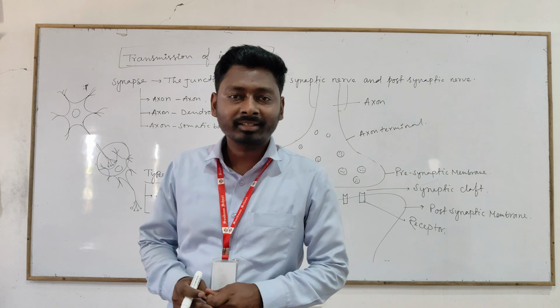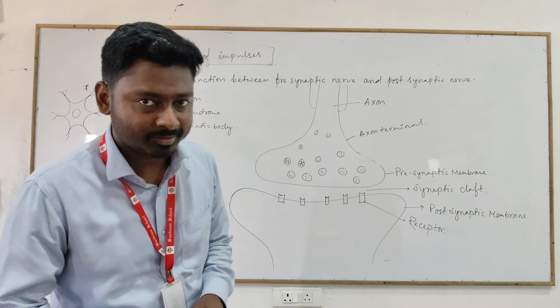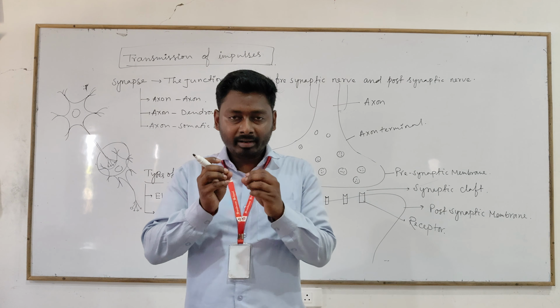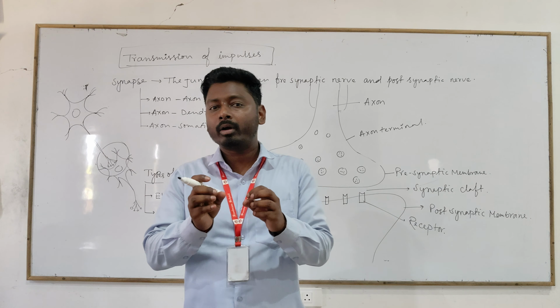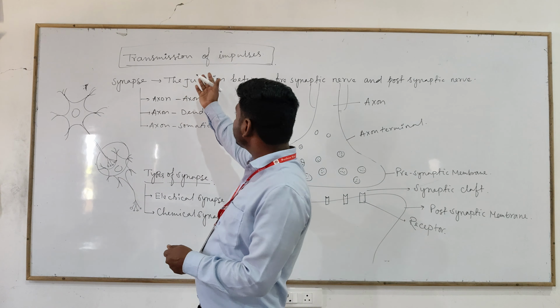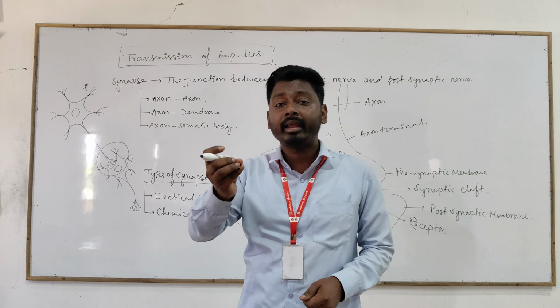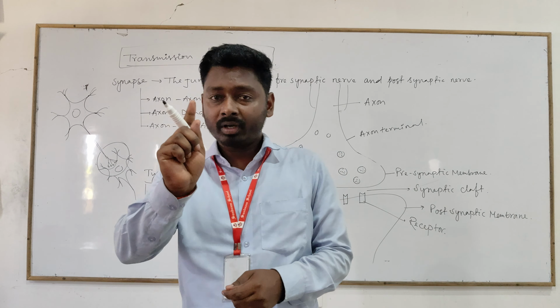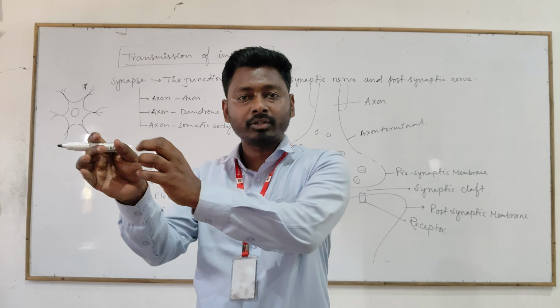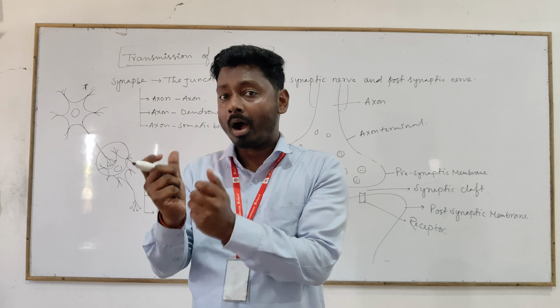Today we are going to discuss transmission of impulses. How does transmission of impulses work in our body? If you touch a hot object, you feel that this object is hot. How?